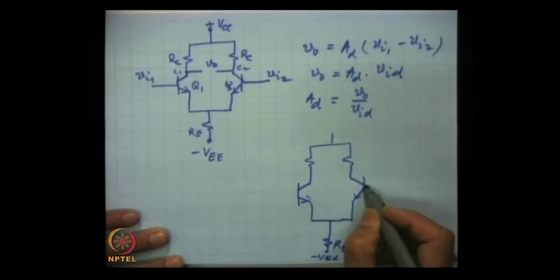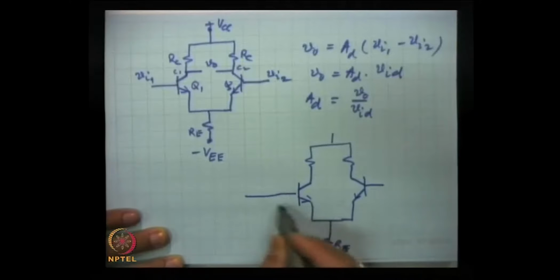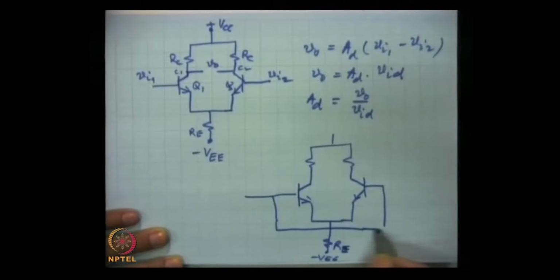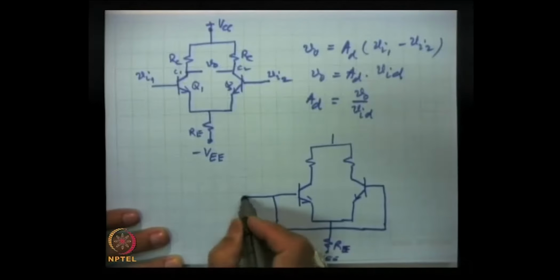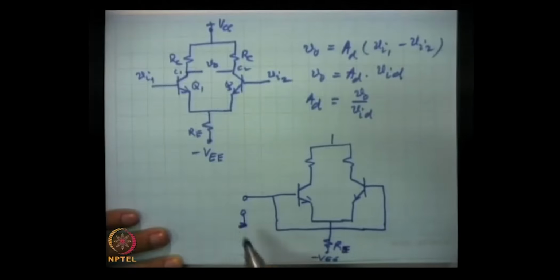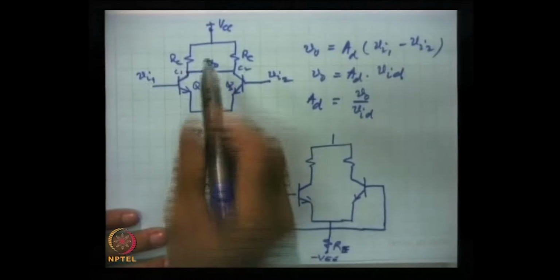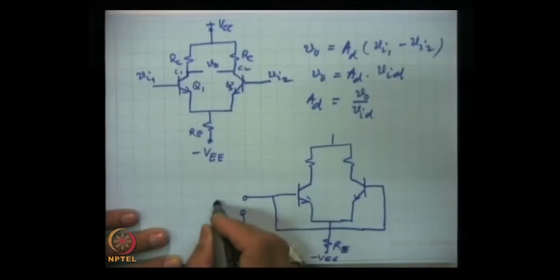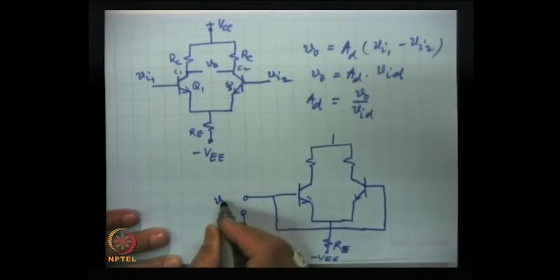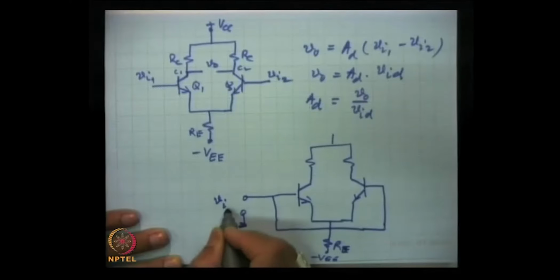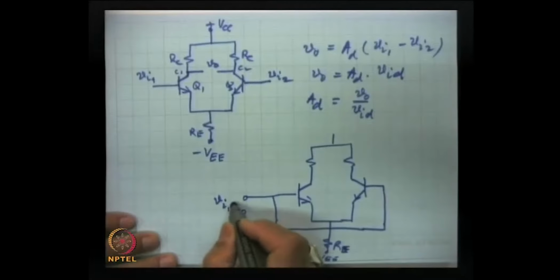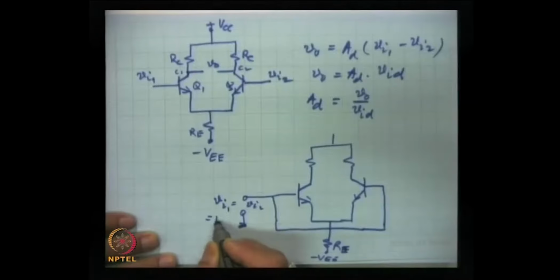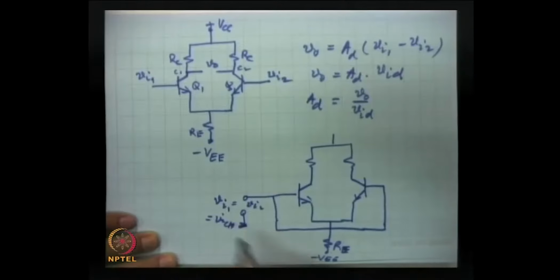Here the two inputs are shorted and we feed, with all voltages with respect to ground, VI1, which is the same as VI2, which is the same as VICM, common mode.